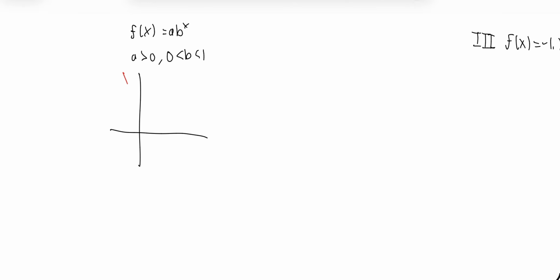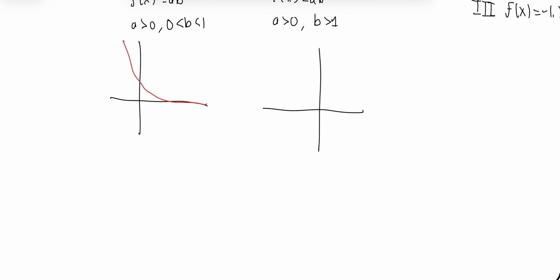Now, for all of our case scenarios, if you have f of x is equal to a times b to the x, and you have a positive a, and you have a b in between 0 and 1, your result's going to end up looking like this. What about this case? You're going to have an a that is greater than 0, and you have a b that is greater than 1. You get a result that looks like this.